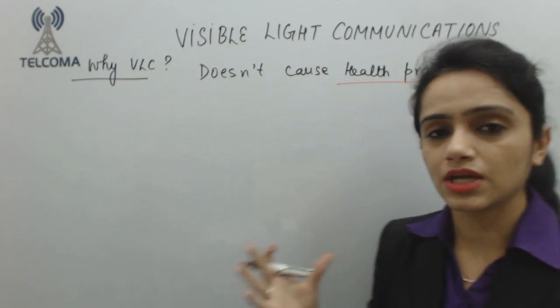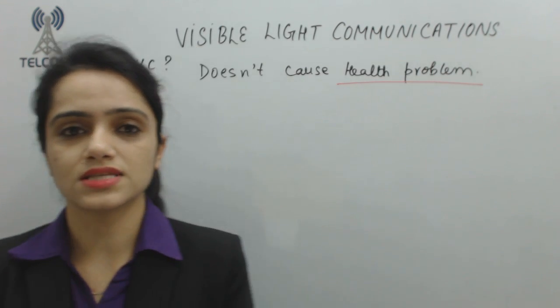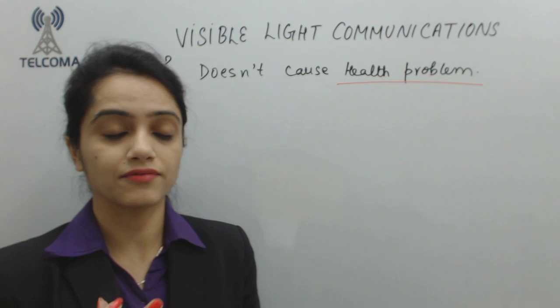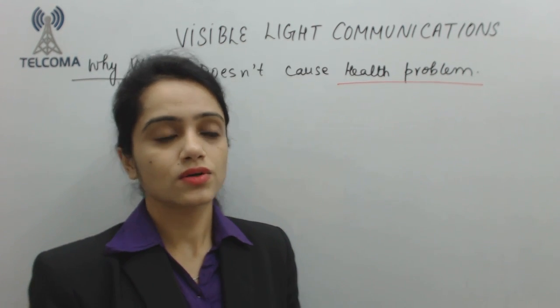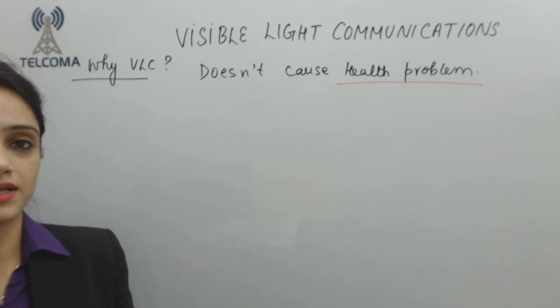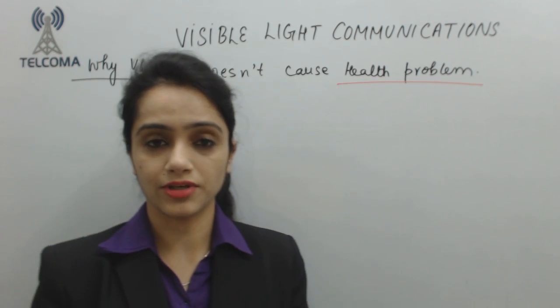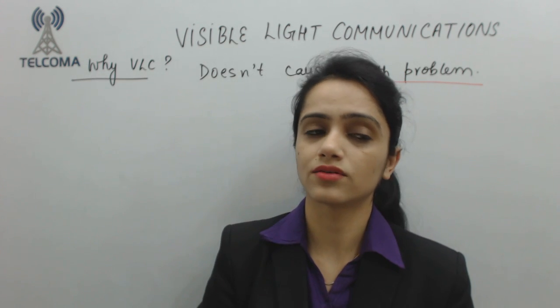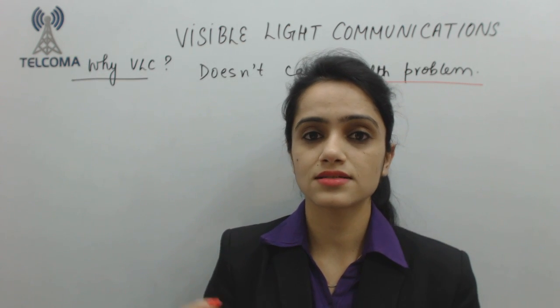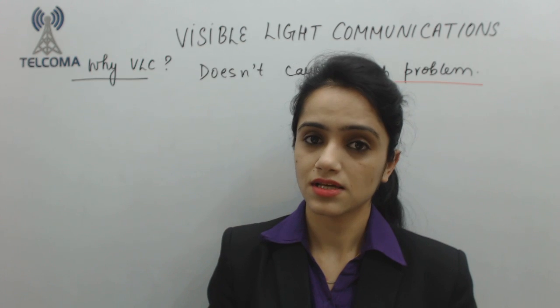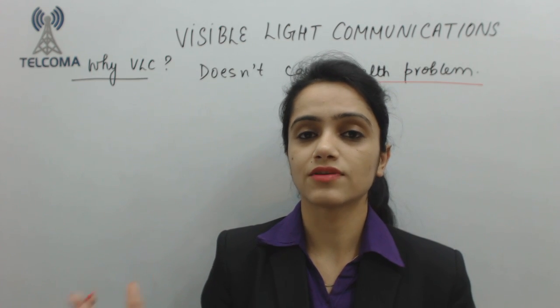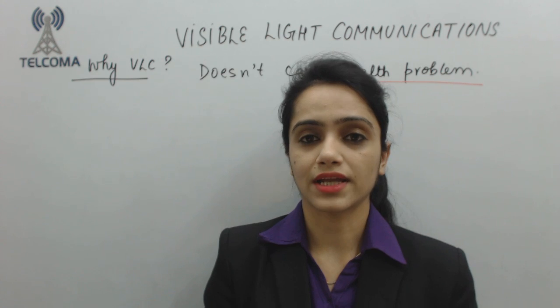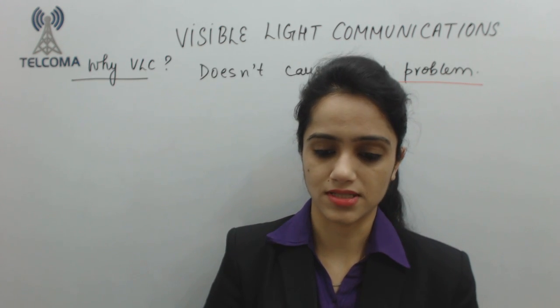RF frequencies, or electromagnetic frequencies, are cancer-causing frequencies that we use in RF. So in order to protect human health, we are shifting to visible light communication, so that there is no impact on human health, like no skin cancers or radiation. We are using this so that we can protect human beings and birds who are concerned about the frequencies.